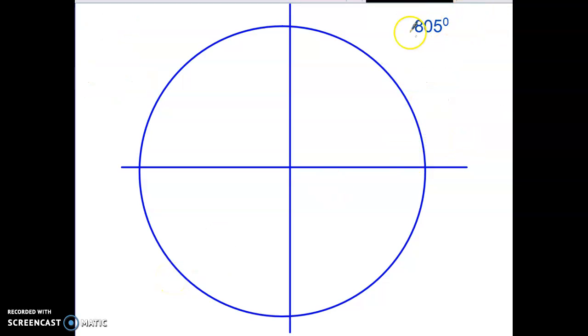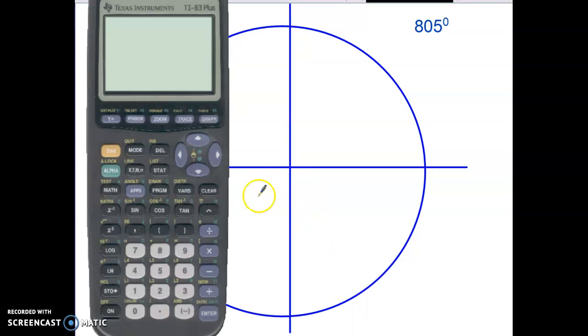All right, how about if we're given one that's not where we expect it to be? That one's not in between 0 and 360. And I want to figure out what it would be if I moved it into the regular circle, in between 0 and 360. All right, so let's clear out what we've got in our calculator here. Let's take 805 and subtract 360. Let's do one less trip around the circle. All right, well, I'm at 445.